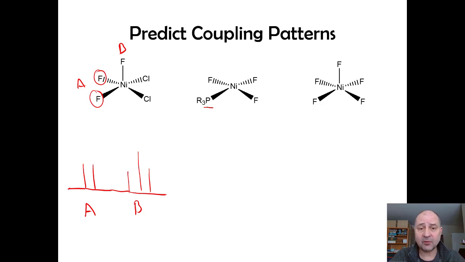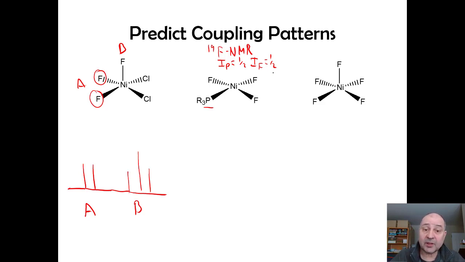So if we did a fluorine NMR, 19F NMR, and I tell you that the spin of phosphorus is equal to 1/2 and the spin of fluorine is equal to 1/2, you want to consider both of the splittings.